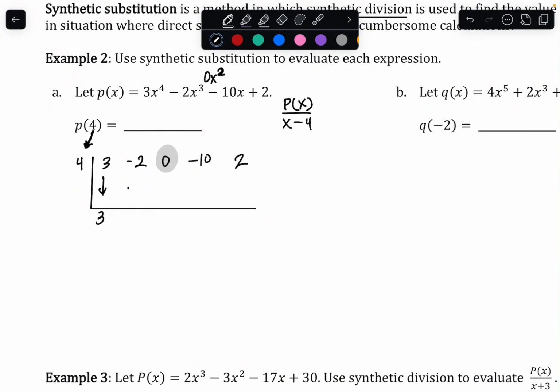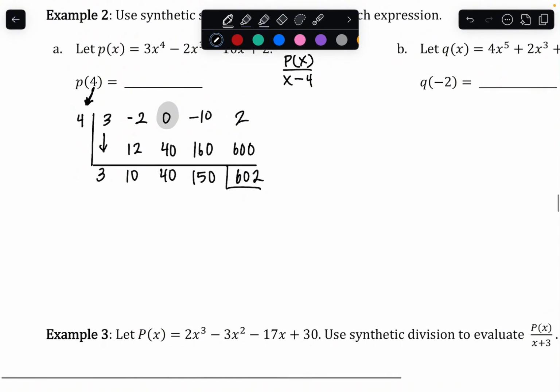Okay, and so bring down the 3. 3 times 4 is 12. Add, we get 10. 10 times 4 is 40. Add, we get 40. 40 times 4 is 160. Add, we get 150. 150 times 4 is 600. Add, we get 602. Okay, and so p of 4 is equal to 602. And we can even verify that in a calculator.